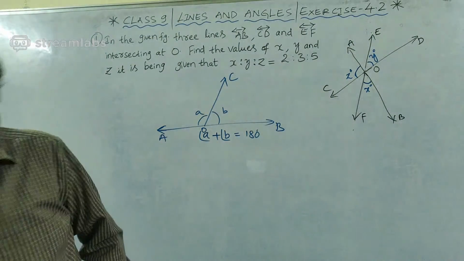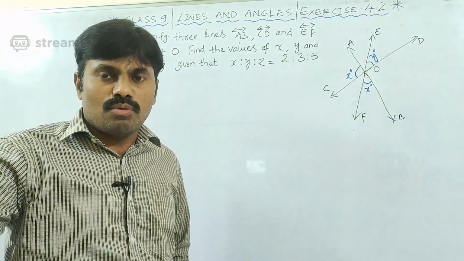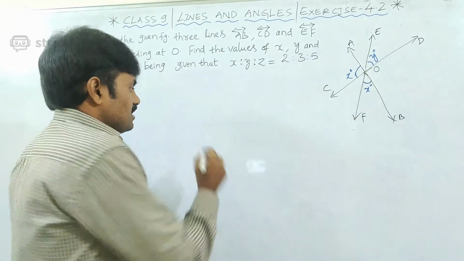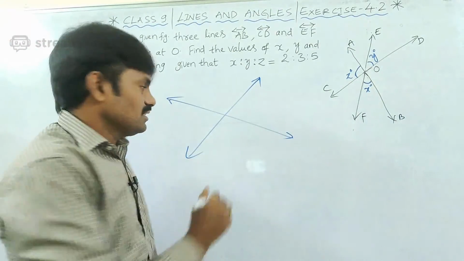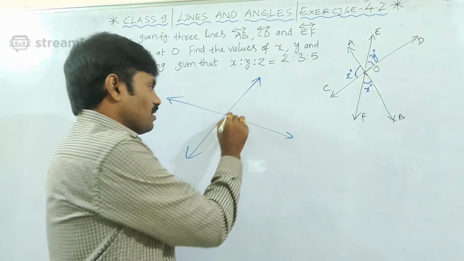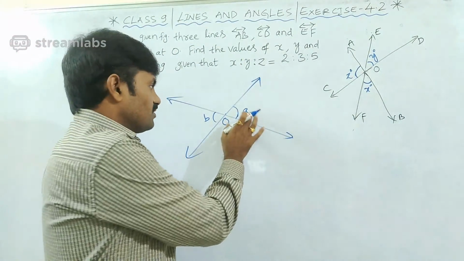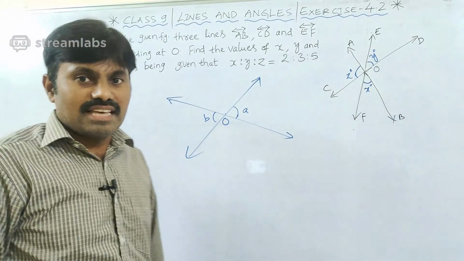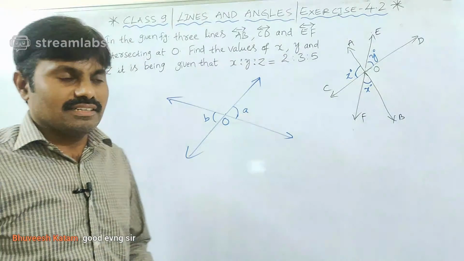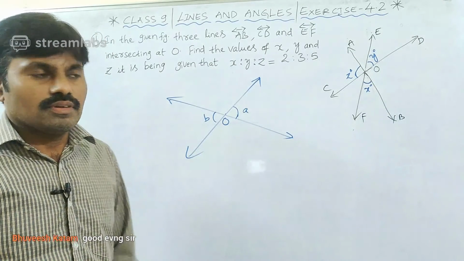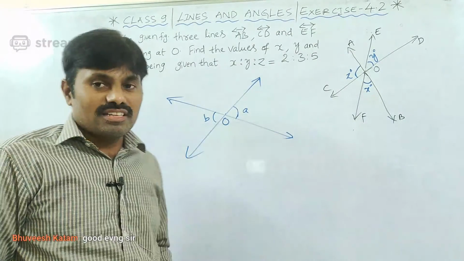Now, if two lines intersect at one point O, some angles are formed like this, A and B. What is the nature of these two angles?